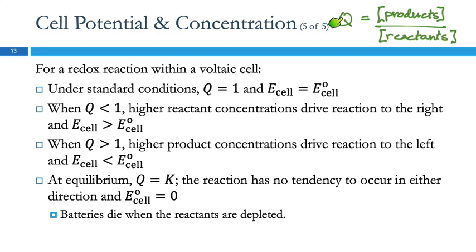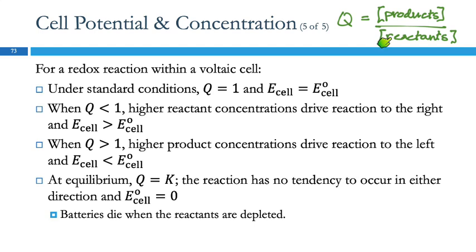We want to talk about less than 1 first. If Q is less than 1, that means the products are smaller and the reactants are larger, right? So if we're talking about equilibrium, is that going to go towards the products or the reactants? It's going to go towards the products, right?